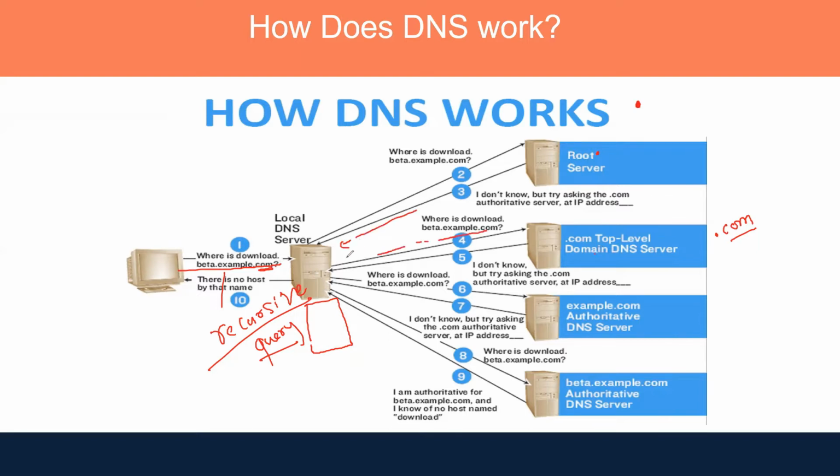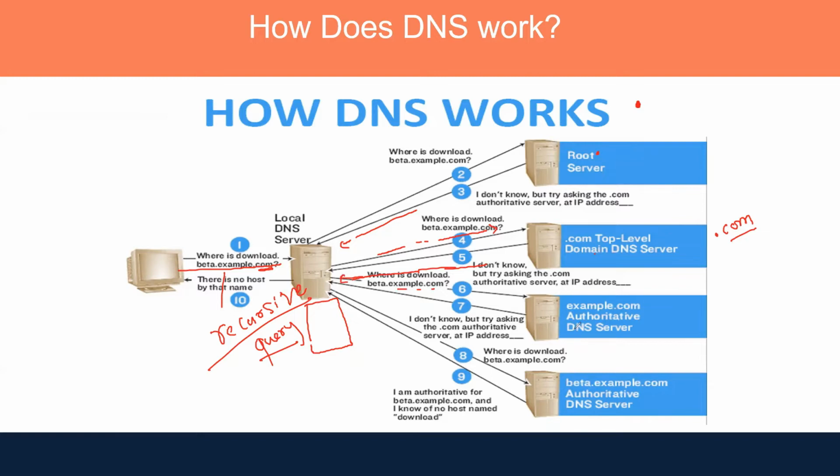The system queries the top level domain, and now the top level domain replies that it doesn't know download.beta.example.com, but it knows who is the authoritative server for example.com. So it sends the IP of the authoritative server.